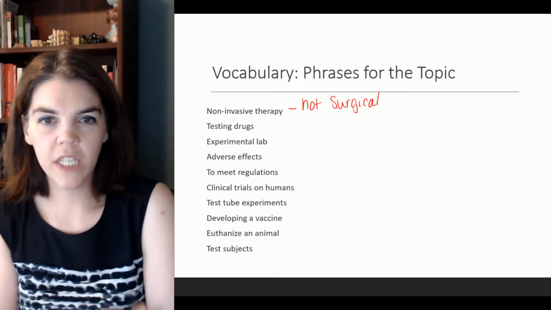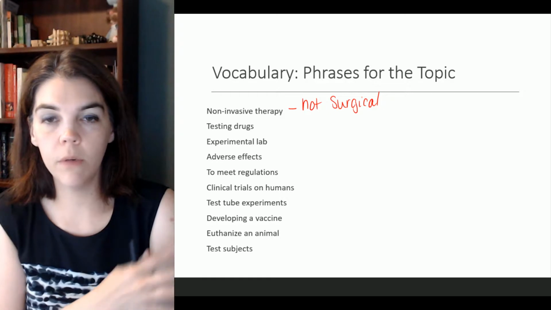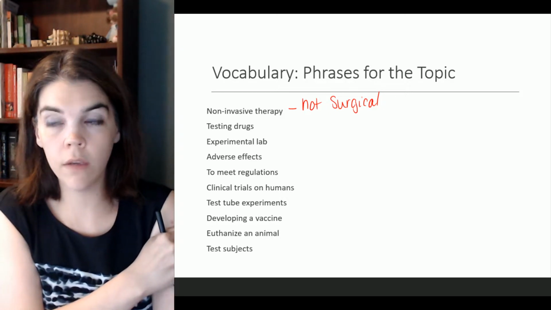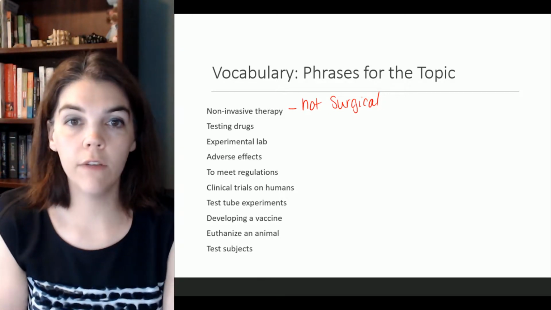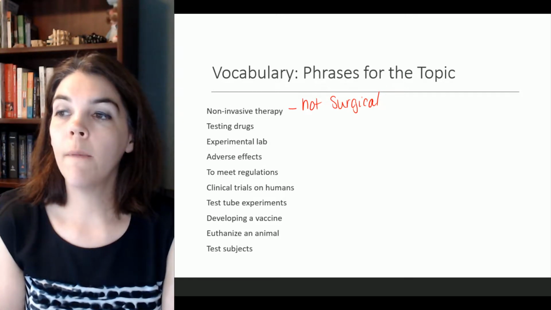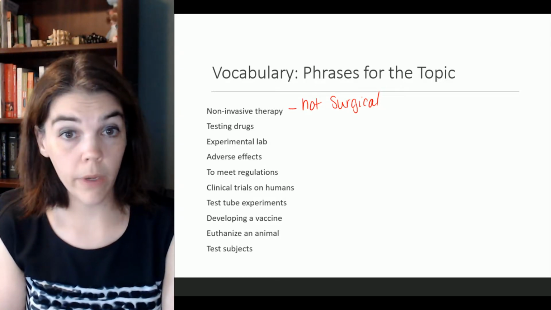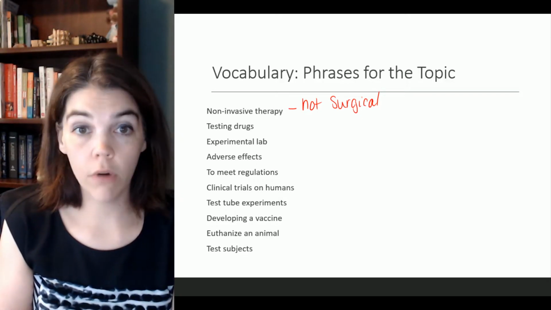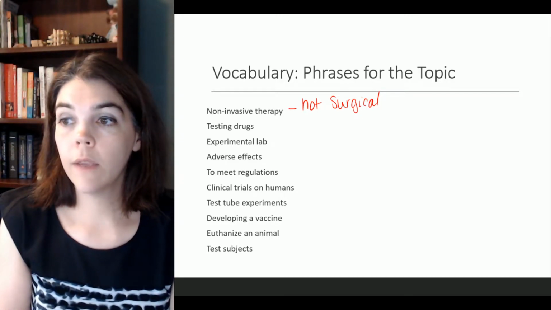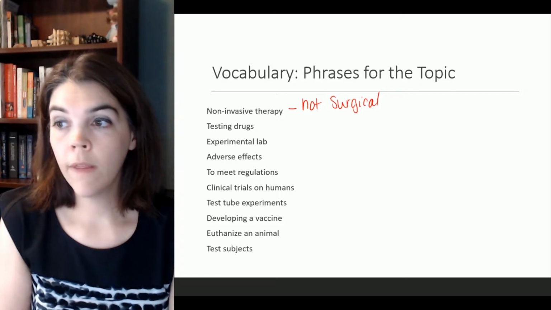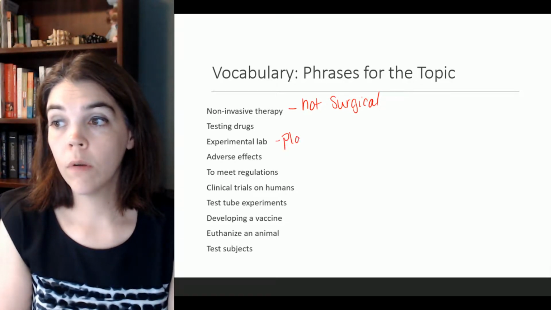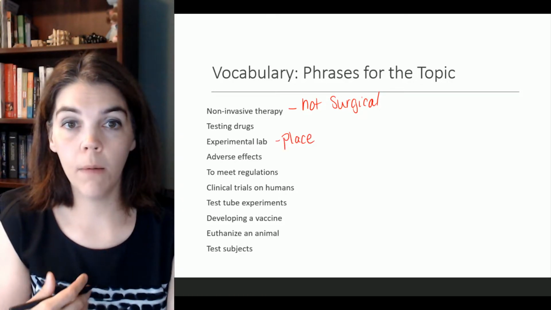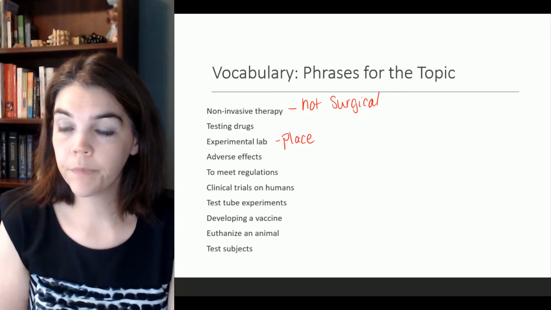We don't have to cut the skin to do it. Maybe we do something on the outside. So non-invasive therapy, sometimes those are developed through animal testing. Of course, we have testing drugs, experimental lab, that's the place where animals may be tested upon.